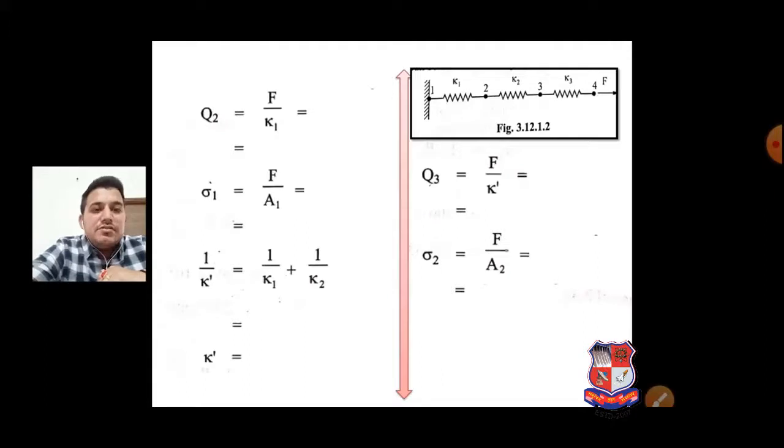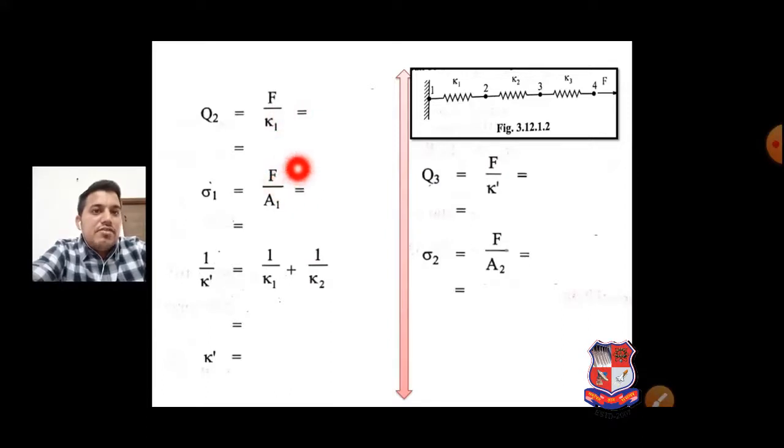As we learned, as per Kirchhoff's law, we have to do such formulations. This is the formulation for springs in series and parallel. So 1 upon k dash, where k dash we have to find. For two springs in series, 1 by k1 plus 1 by k2. Let's see, we are starting with the first.